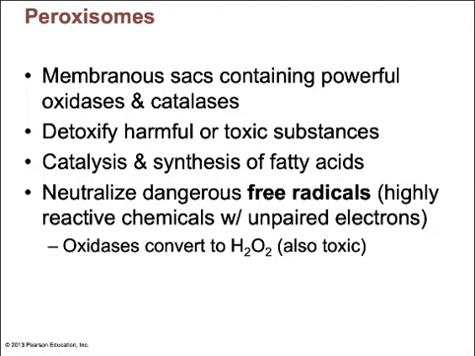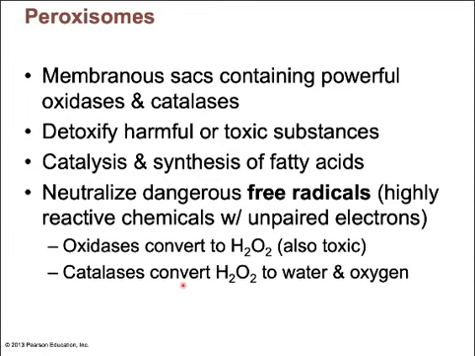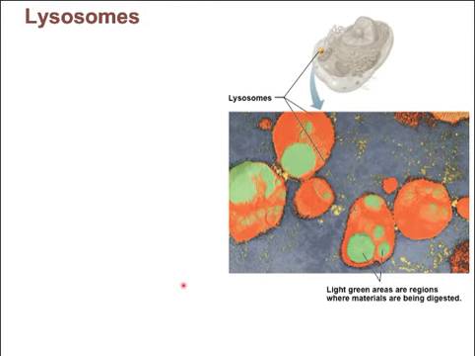They detoxify harmful substances, they synthesize fatty acids, they neutralize these free radicals with oxidases that can convert hydrogen peroxide into water and oxygen, right? The oxygen can be used in the production of ATP, and the water, of course, becomes part of either the intracellular or the extracellular fluid.